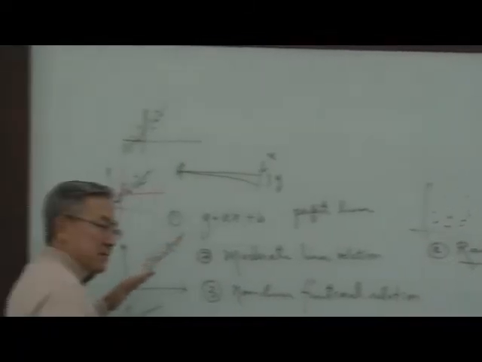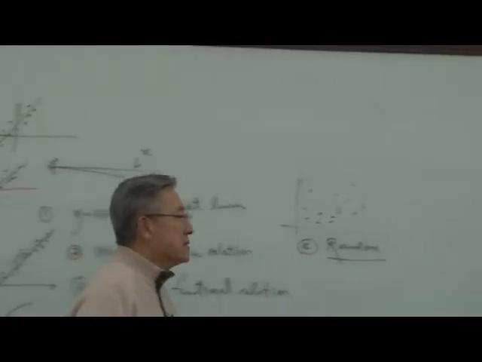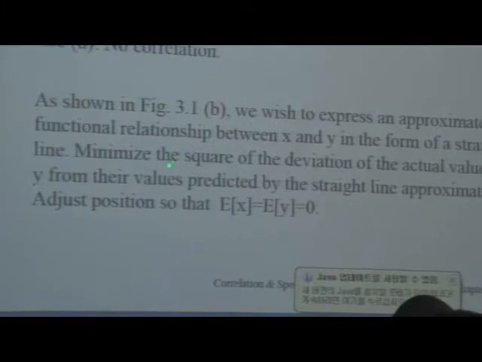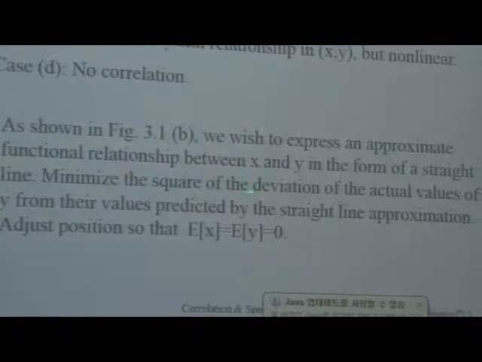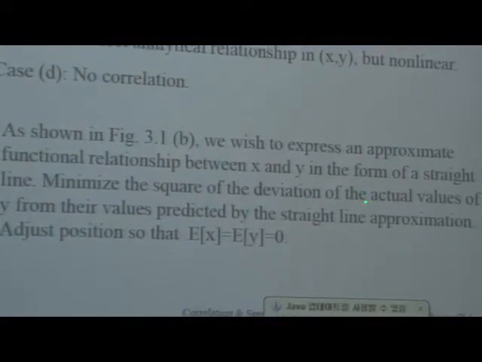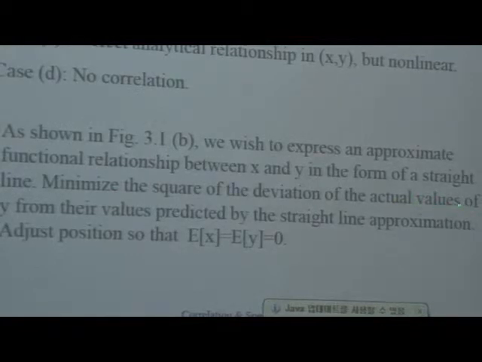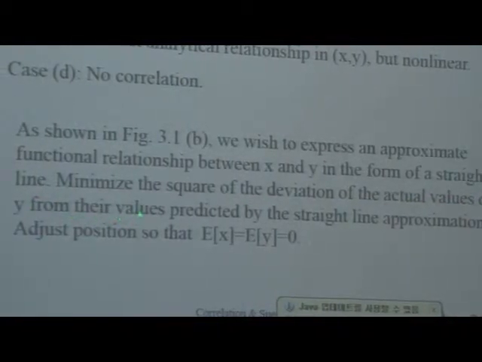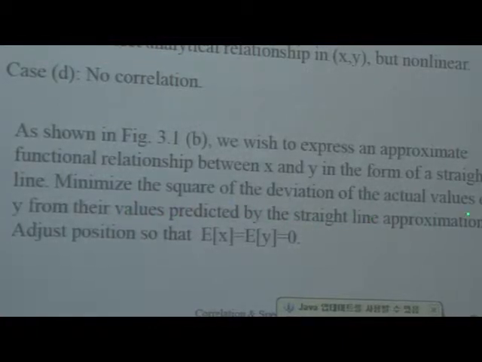We want to approximate it as a form of the straight line here, okay? Minimize the square of the deviation of the actual values of y from their values predicted by the straight line approximation.